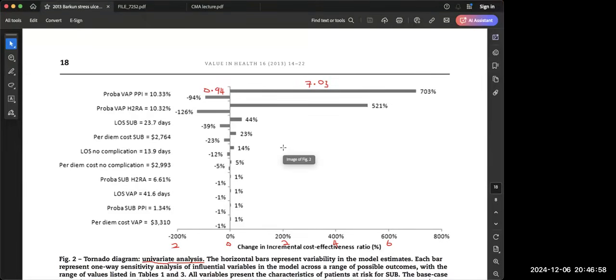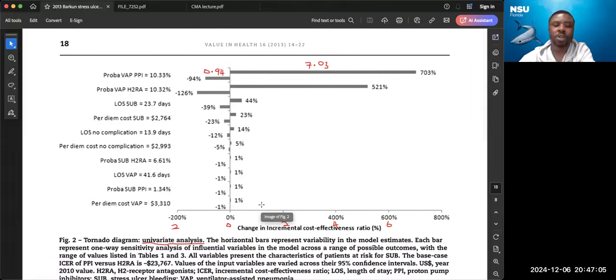The parameters that were sensitive enough to change the decision. Okay, that's good. So remember that I told you we are going to vary the numbers within the 95% confidence interval. So here they did vary the numbers within the 95% confidence interval.